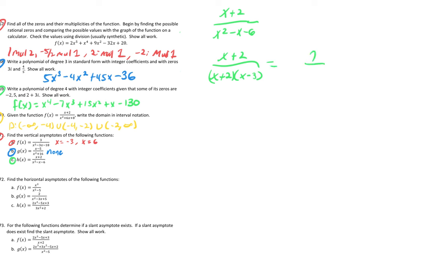So after simplifying, we see that it's x minus 3. So since it's only asking about vertical asymptotes, it'll only have a vertical asymptote when x minus 3 is equal to 0 or at x equals 3. It'll still be undefined at x plus 2, but it only has a vertical asymptote at x equals 3.